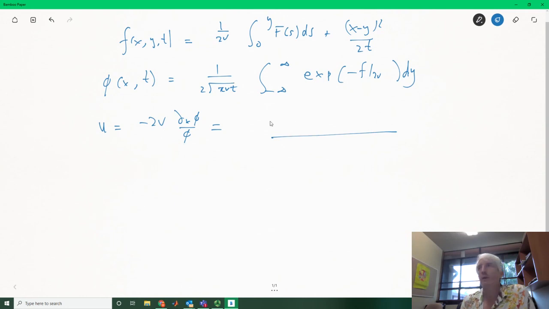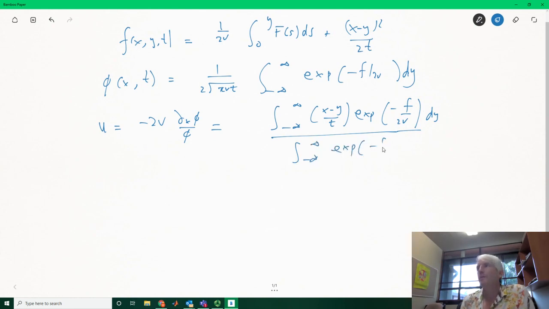And you get the integral from minus infinity to infinity of x minus y over t times the exponential, divided by the same integral.